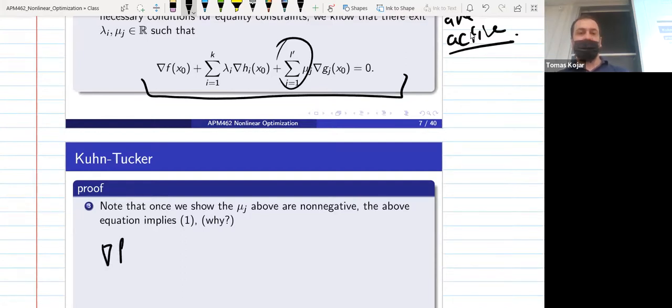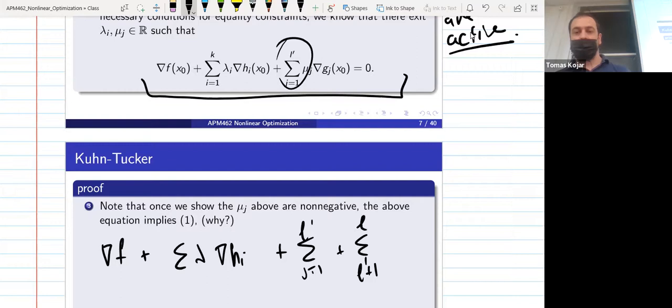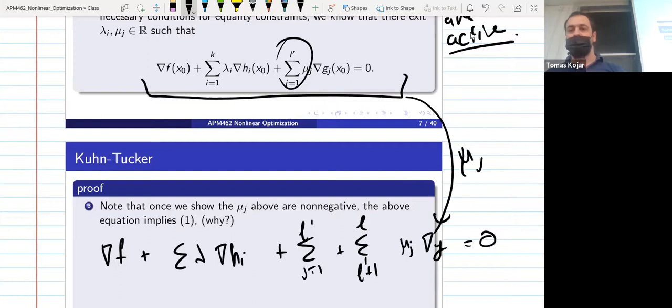I want to show the same thing, but for all of them. Why would non-negative give me this result?